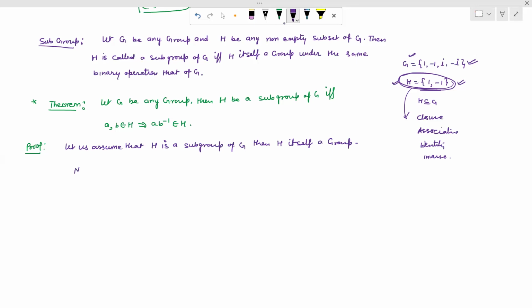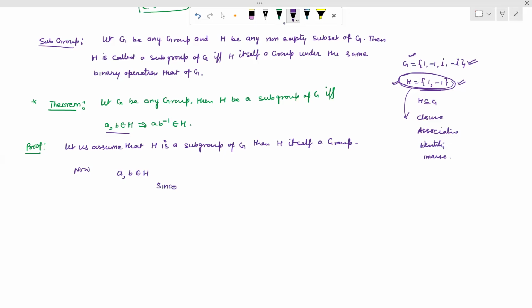Now we consider two elements a and b which belong to H. Since H is a group, the inverse of these two elements also exists. It is clear? Yes.